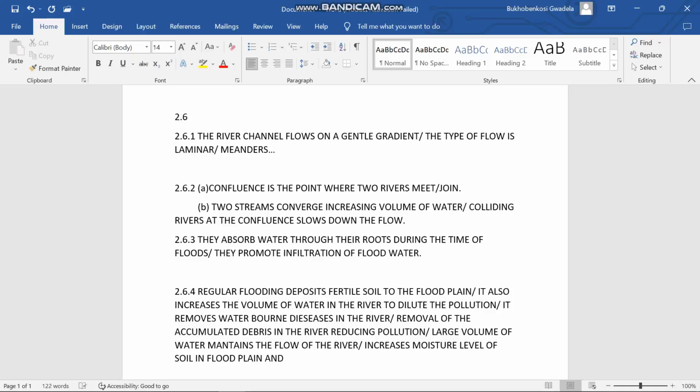I can say it enhances vegetation growth.